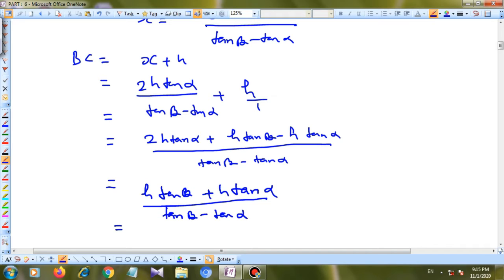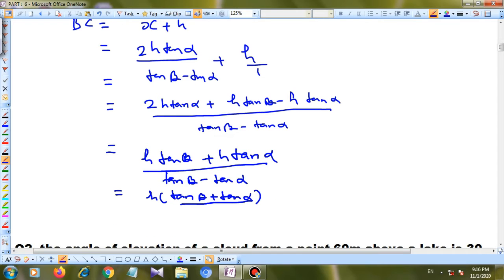So BC will be, take h common, and in bracket you get tan beta plus tan alpha, upon tan beta minus tan alpha, which is your required answer.